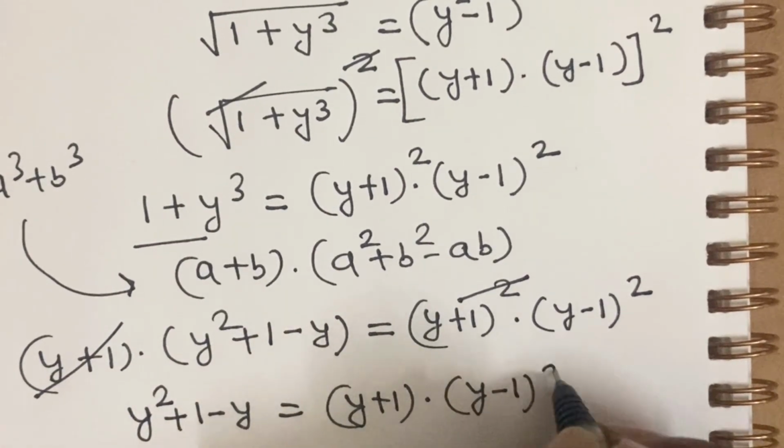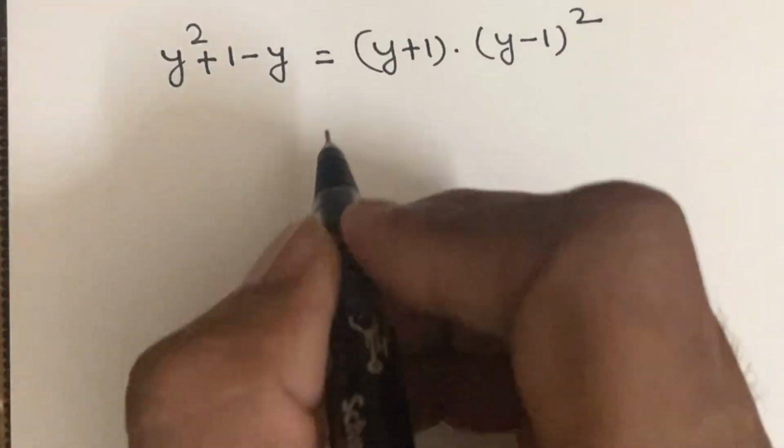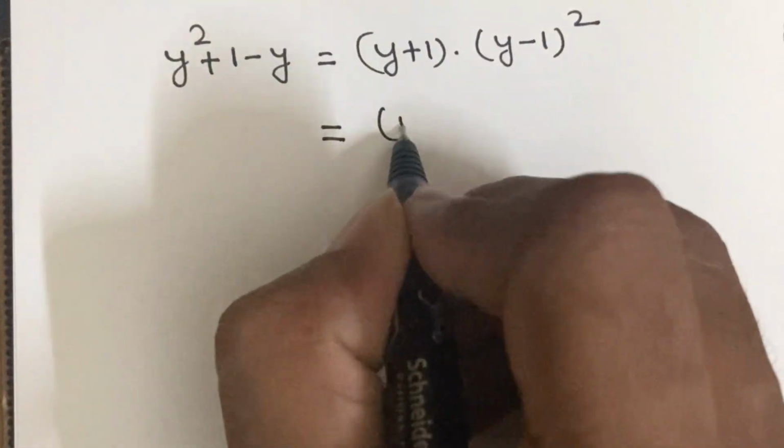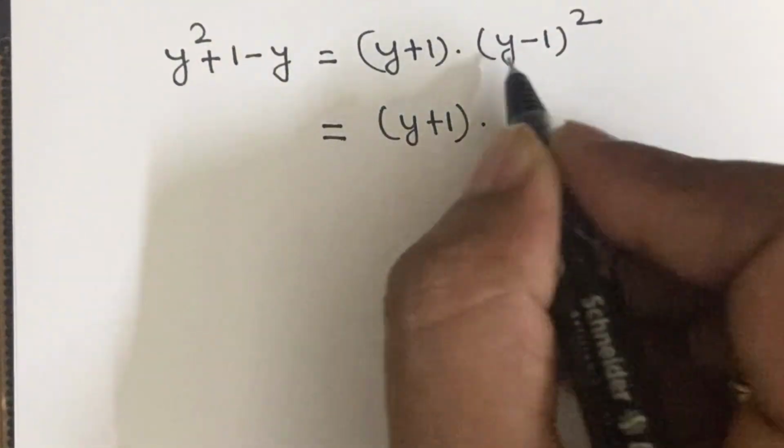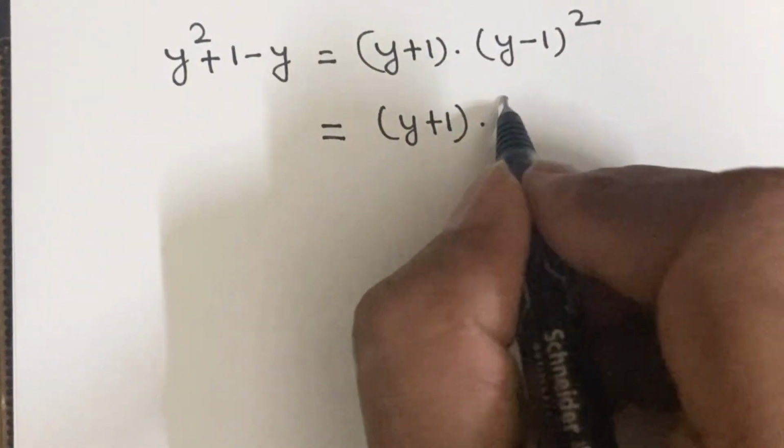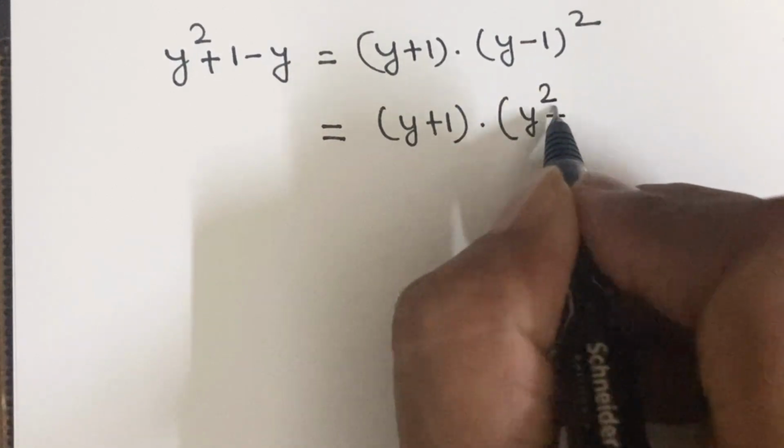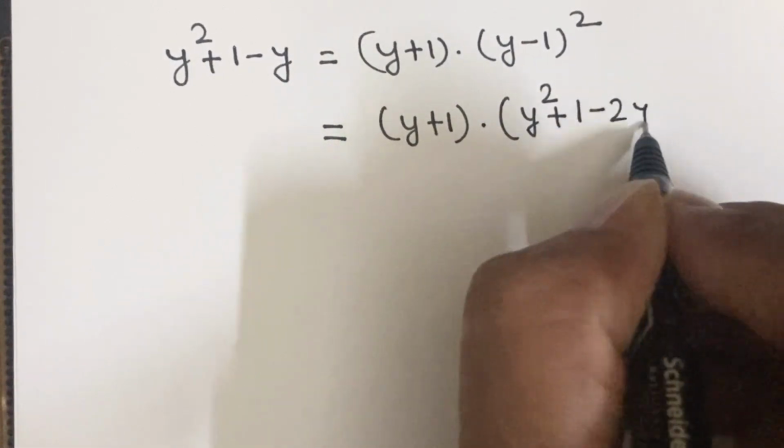minus 1 squared, which is equal to y square plus 1 minus 2y.